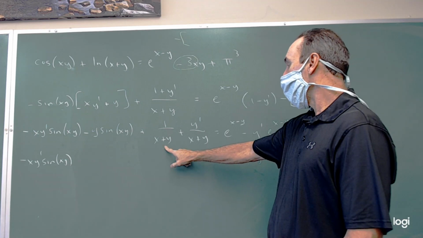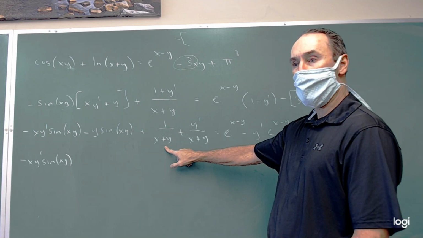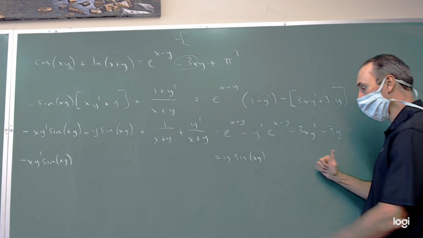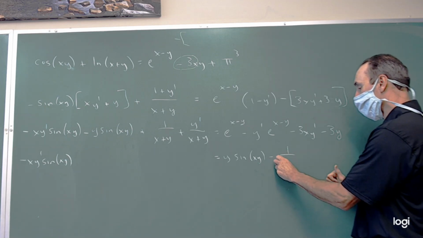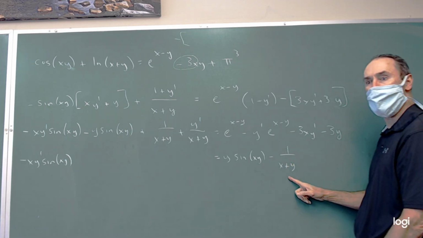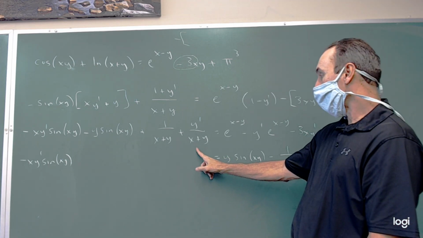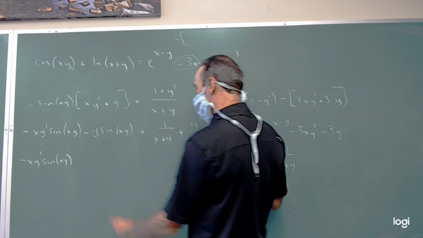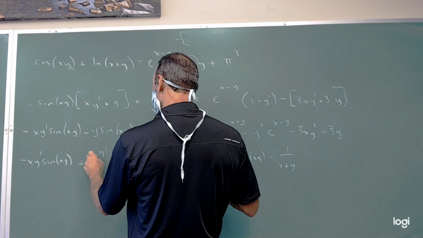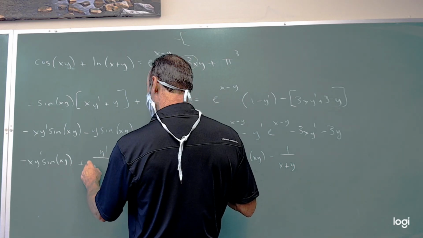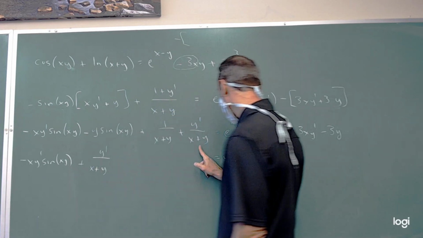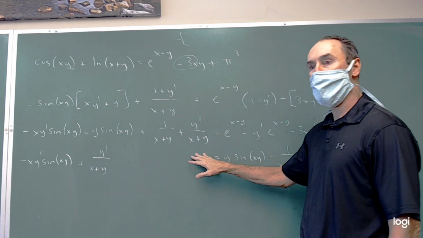The 1 over x plus y, there is no y prime. It's going to get moved to the other side. So we'll subtract it, it's a minus 1 over x plus y. The y prime over x plus y has a y prime, it's going to stay on this side, so I'm writing it as plus y prime over x plus y. I've taken care of everything on the left, I've sorted them out.